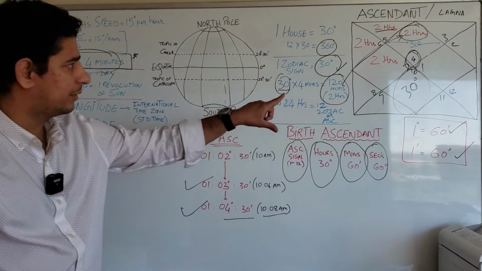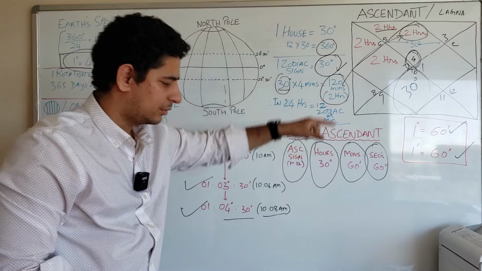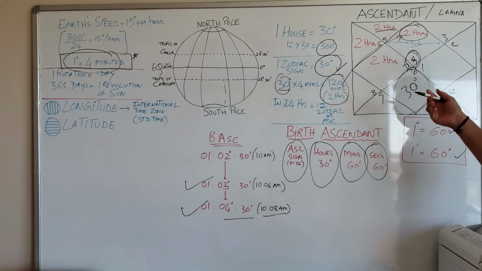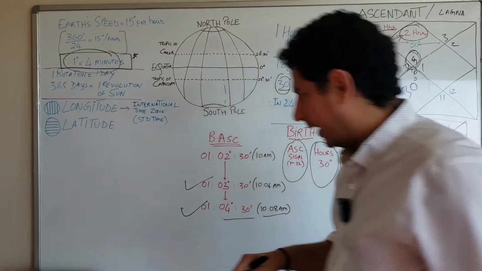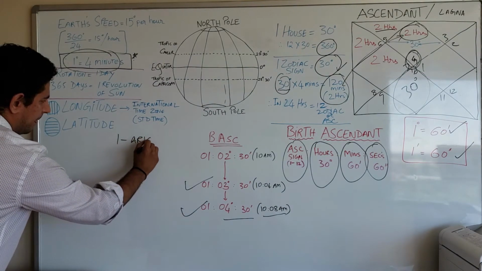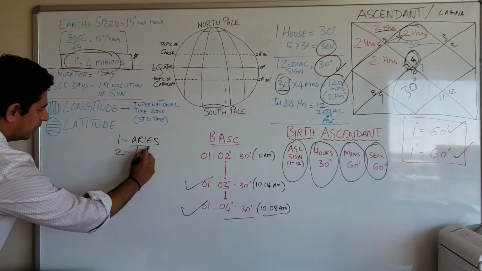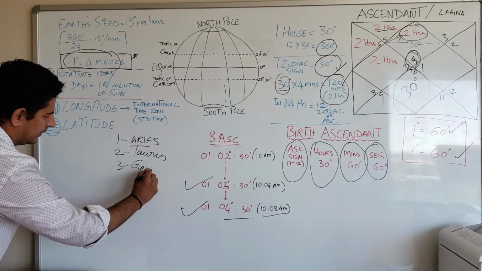Before ending this video, there might be a slight confusion related to the ascendant and the numbers. For example, if I have written 4 over here, what do you mean by 4? I'm going to mention this in my description box: 1 is Aries, the first zodiac sign. The second is Taurus. The third is Gemini.